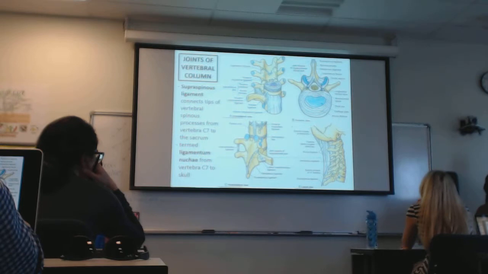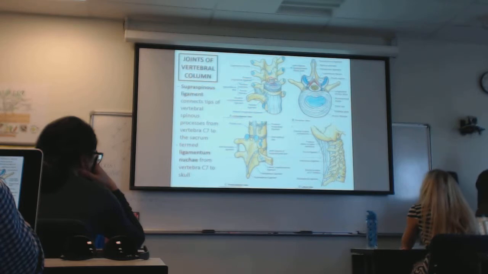The posterior longitudinal ligament changes entirely. For example, it becomes a much thicker structure towards the neck. But certainly in this region, this is quite substantial.